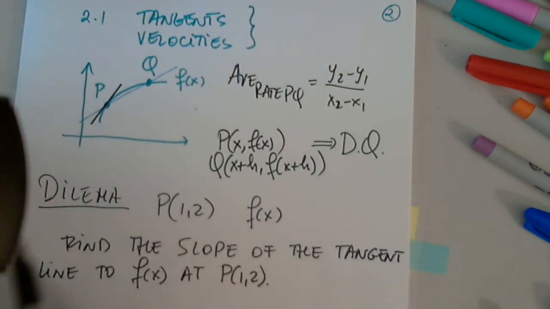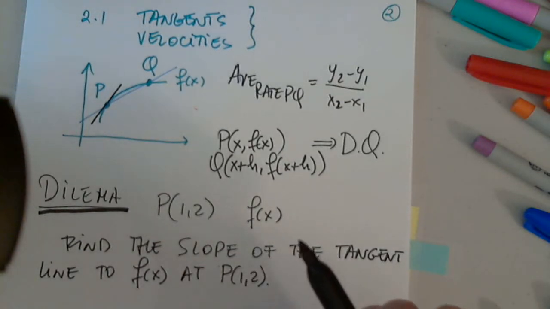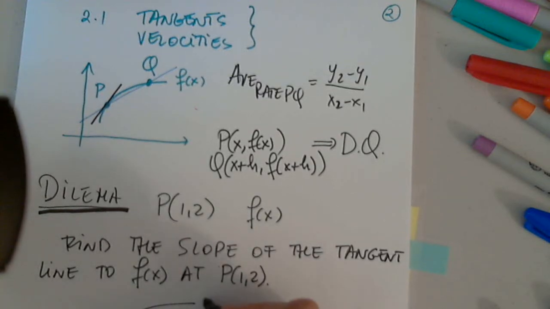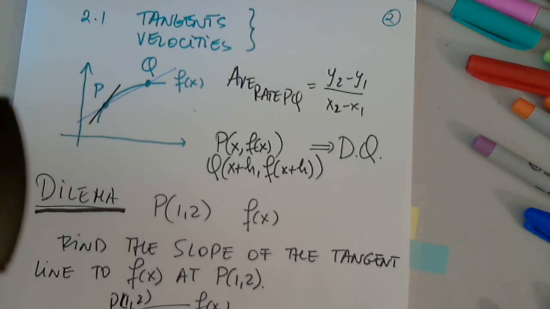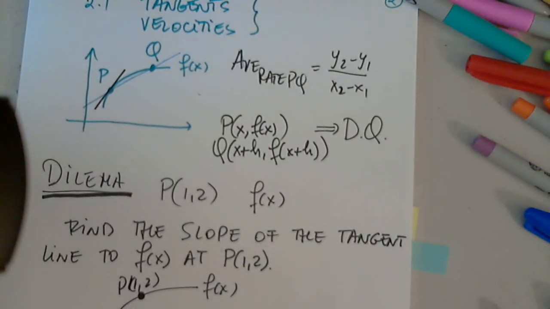So that's our dilemma. Before we choose a problem, let's discuss this for a moment. I'm given the function, I'm given a point, 1, 2, and now I'm asked to find the slope of the tangent line.